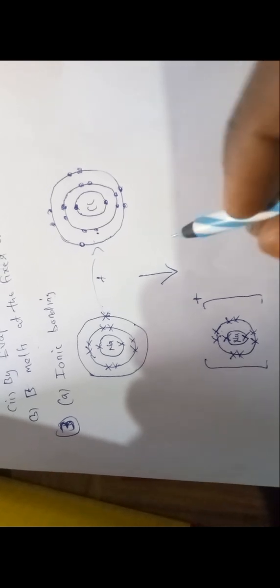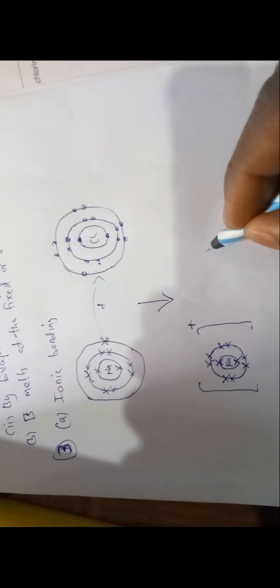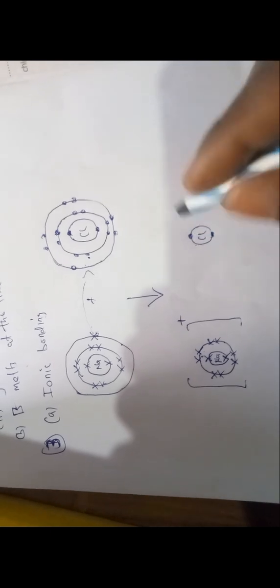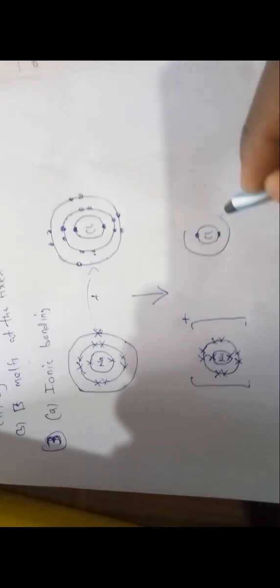Okay, then we also draw for chlorine, which has gained. So here we draw it. The first shell for chlorine, we know it's 2 electrons. We are just duplicating what is there on top.